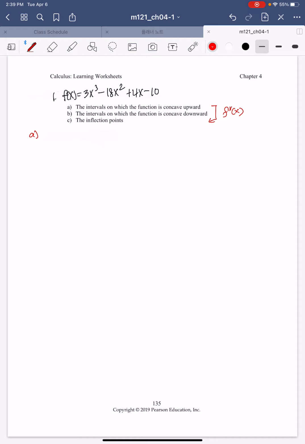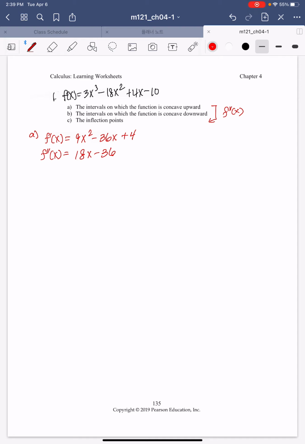Okay, so let's start with part A. The first derivative, it's a polynomial, so it's very easy, term by term: 9x squared minus 36x plus 4. And then the second derivative, I'm going to have 18x minus 36.